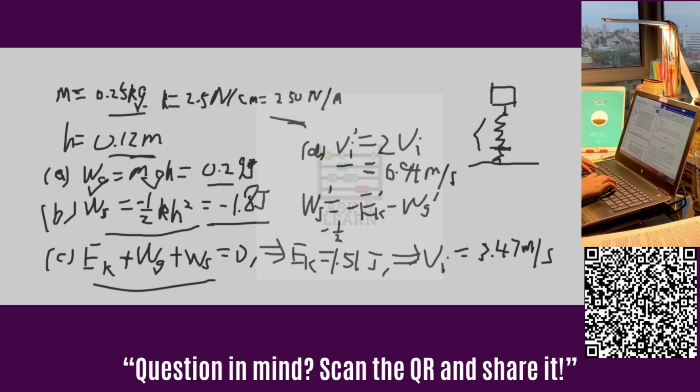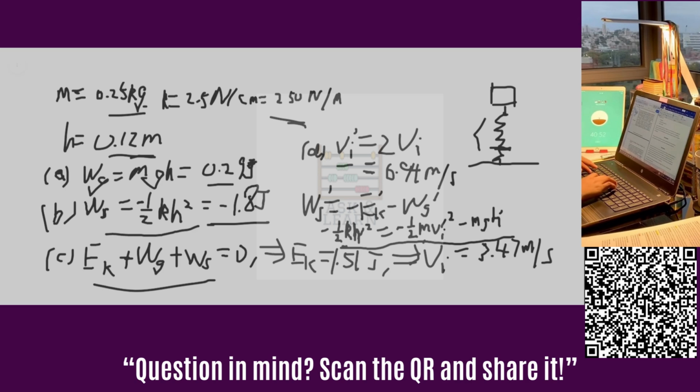We have negative half k h primed squared equal to negative half m Vi prime squared minus mg h prime.